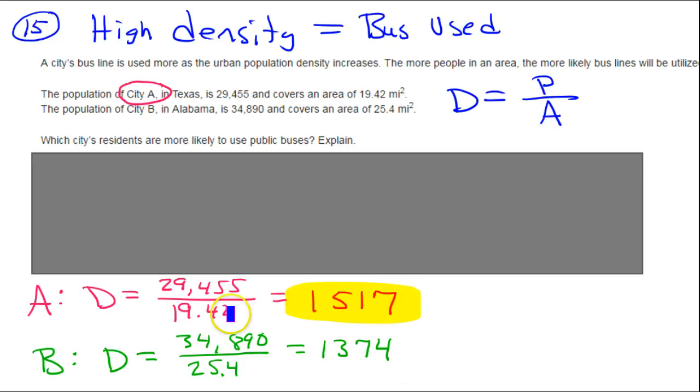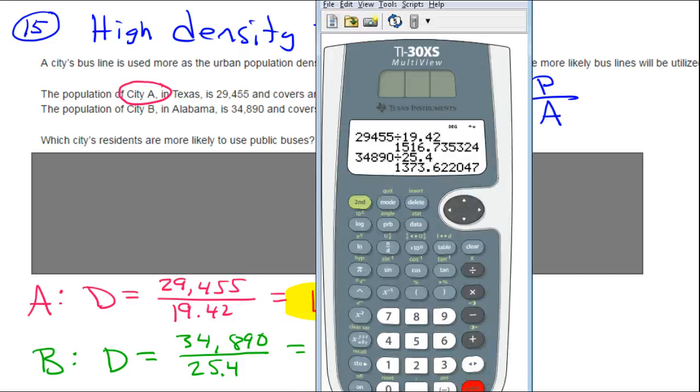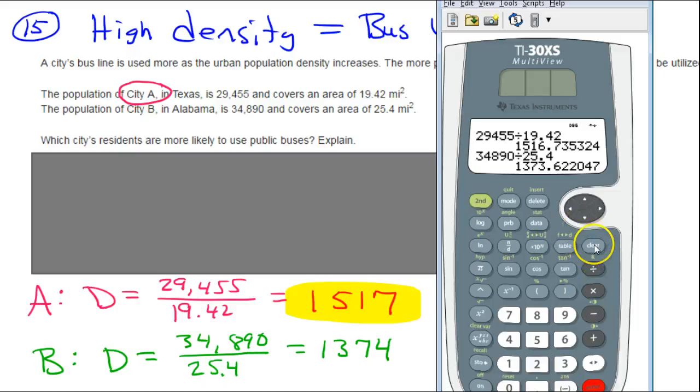So it's definitely going to be city A. I'm just going to go ahead and subtract these two numbers, just in case they ask how much more. So 1,517 minus 1,374. Okay, it's 143 more.